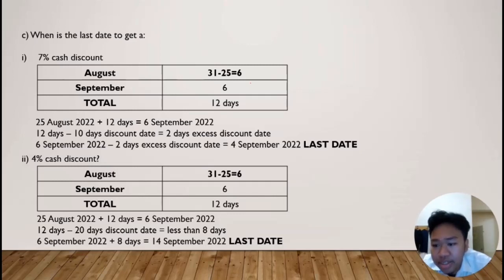Now let's find last date. 6 September 2022 plus 8 days, it's equal to 14 September 2022. It is the last date for 4% cash discount.